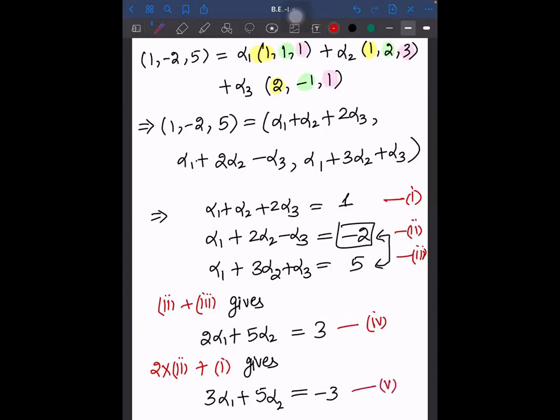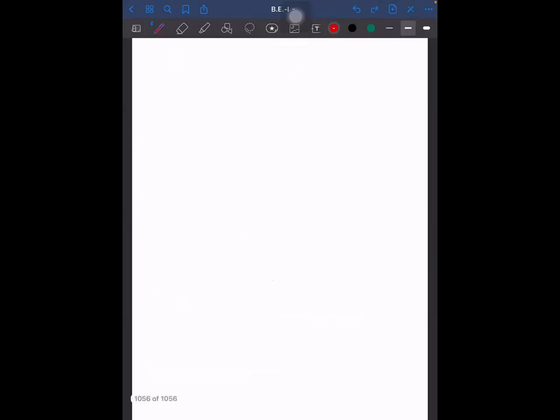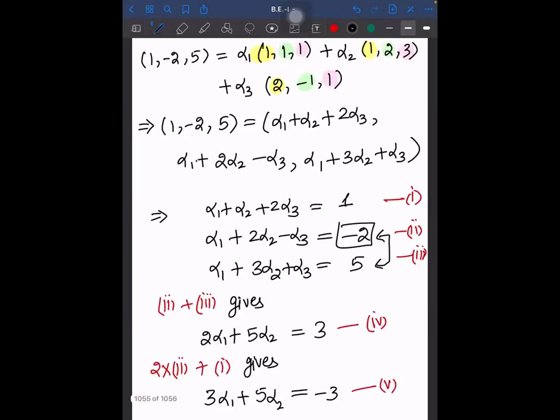So solving the fourth and fifth, we just subtract them because 5 alpha 2 is present in both. So 4 minus 5 gives minus alpha 1 is equal to 6.